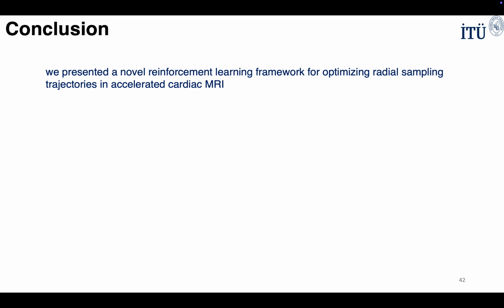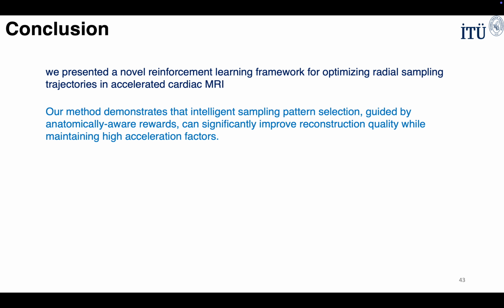We present a novel reinforcement learning framework for optimizing radial sampling trajectories in accelerated cardiac MRI. Our method demonstrates that intelligent sample pattern selection, guided by anatomically aware rewards, can significantly improve reconstruction quality while maintaining high acceleration factors.